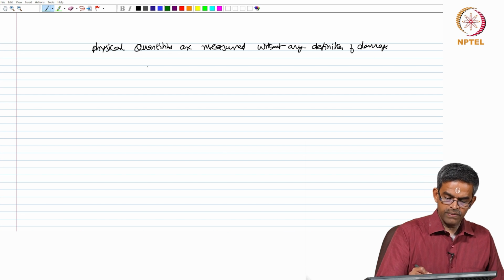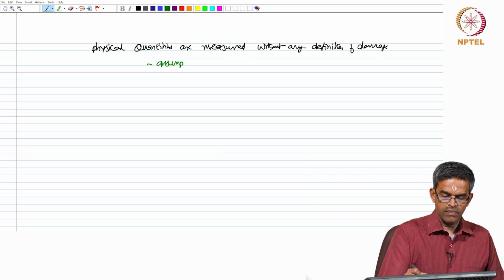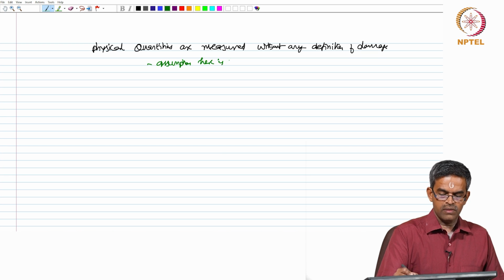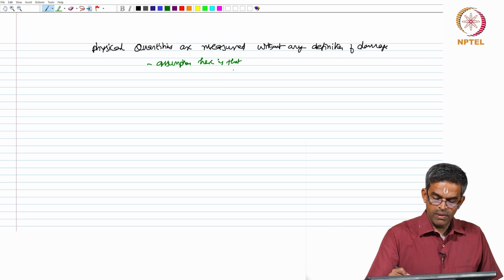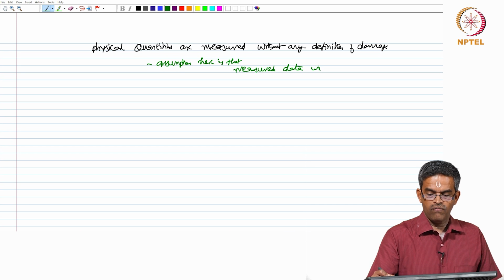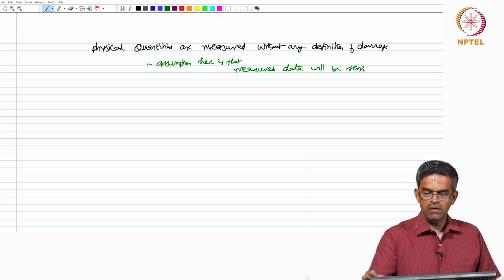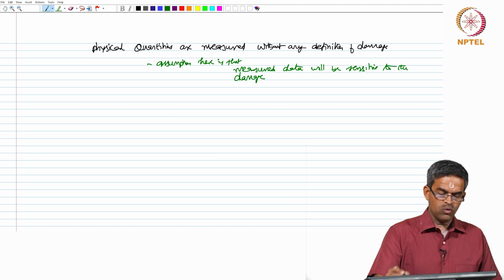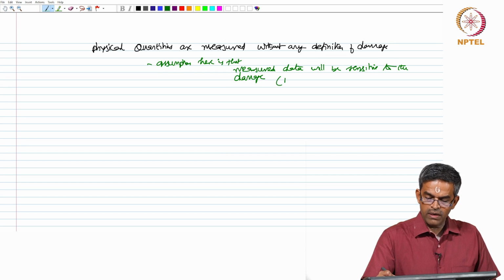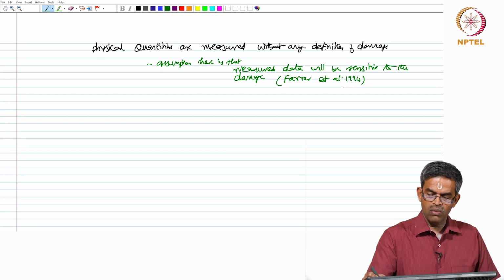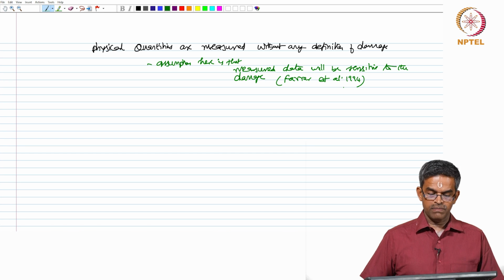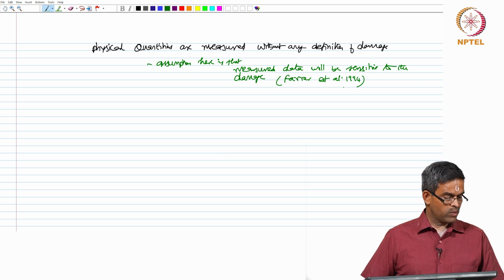The assumption here is that the measured data will be sensitive to the damage. I mean, that is an assumption. It may not be true all the time. Okay. This is very clearly commented on by Farrar et al. in 1994, that this imposes a very serious limitation in terms of deploying an array of known sensors. Okay.